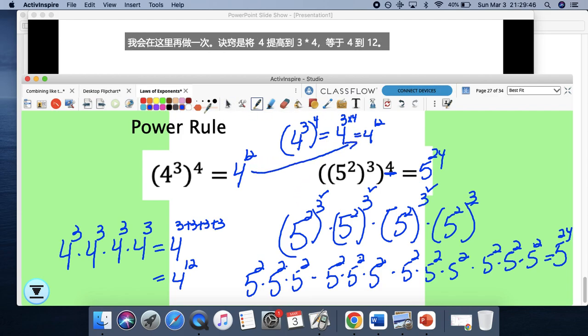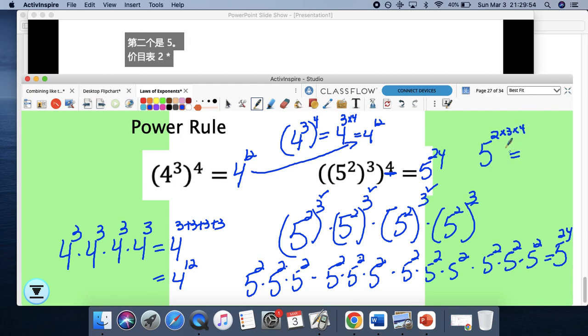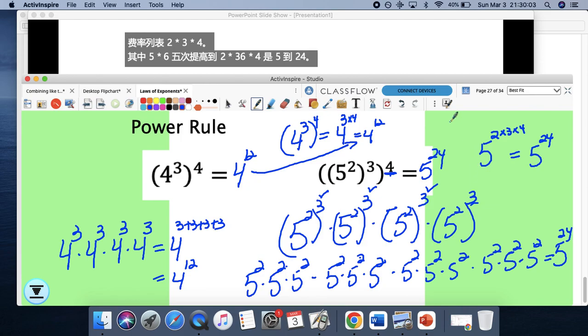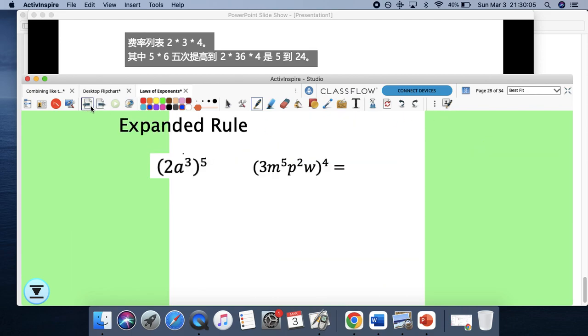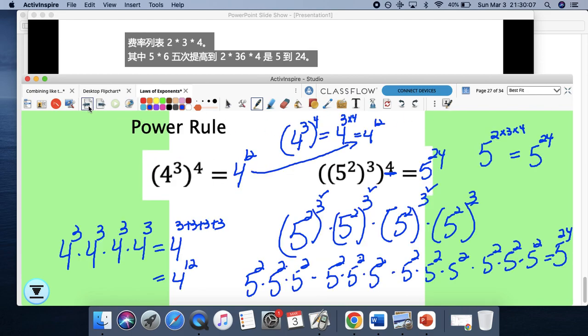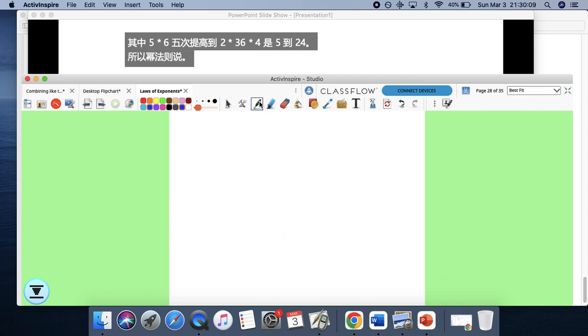The second one here, it's 5 raised to the 2 times 3 times 4, which is 2 times 3, 6, times 4, is 5 to the 24. So the power rule says when you have one exponent raised to another exponent, you simply multiply.